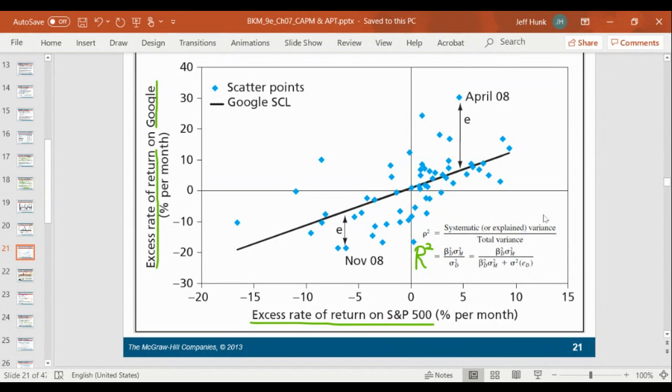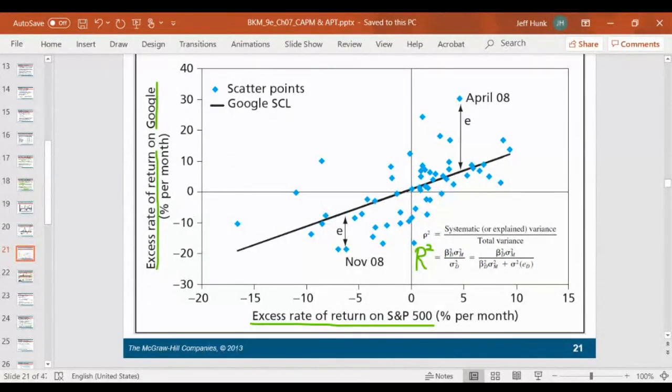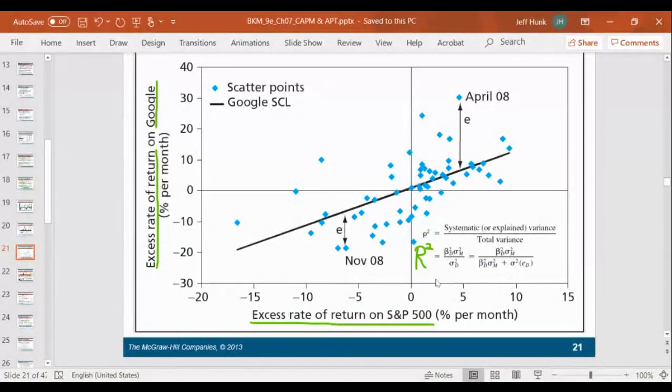So the systematic or explained variance is beta squared times market variance, right? And then the total variance can be broken down into explained variance and unexplained variance.